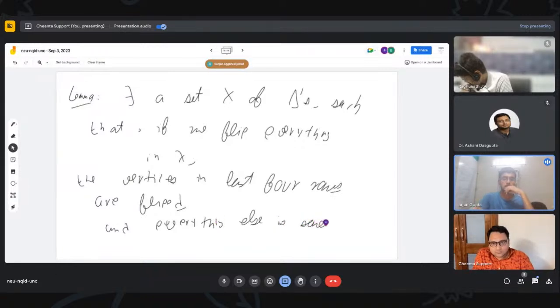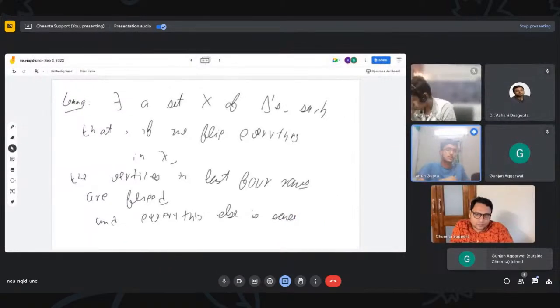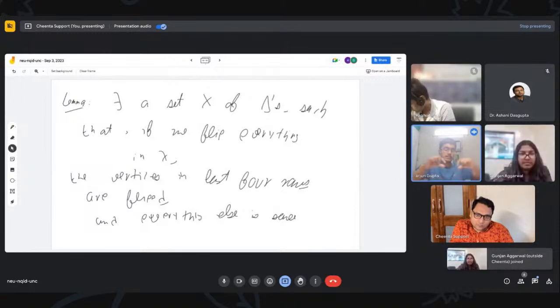So I hope the lemma is clear. I can flip a set X of triangles such that it flips the vertices in the last four rows and everything remains the same.